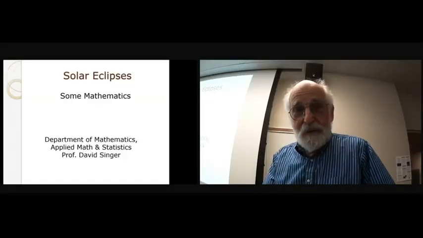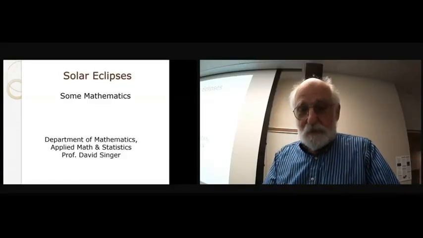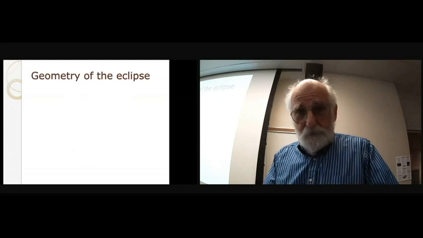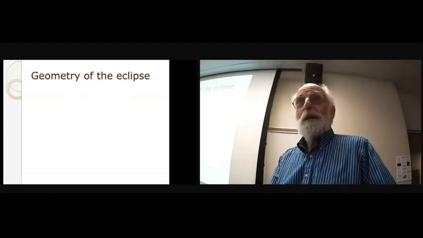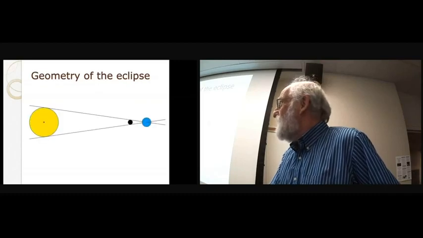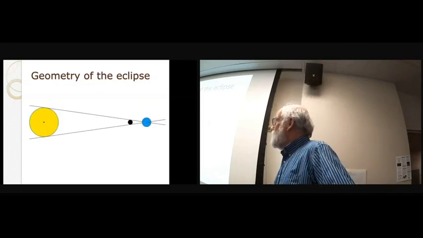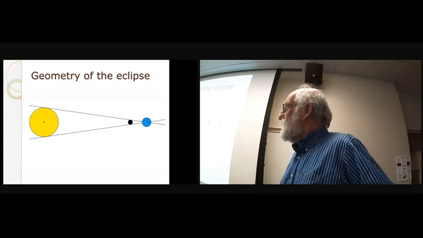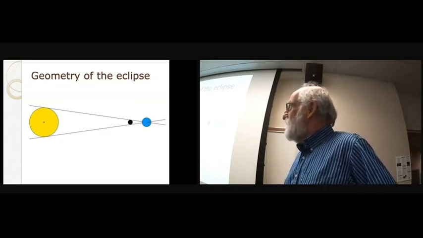I'm going to talk about the mathematics of a solar eclipse. So it's geometry, which is why I feel like I can do it in this class. Of course, we can start with this standard geometric picture of what an eclipse is.